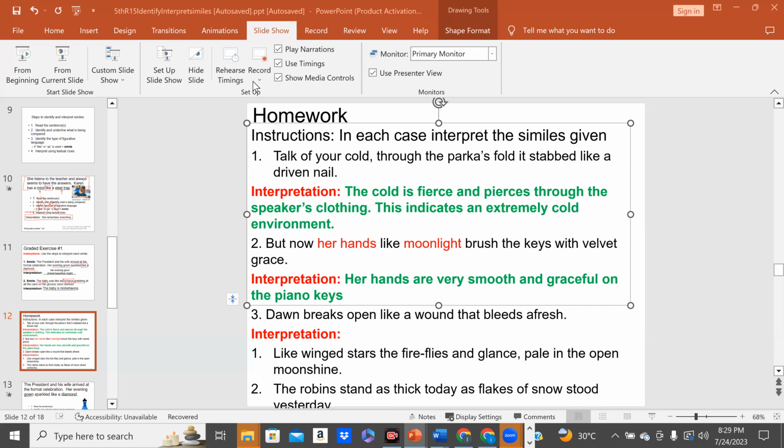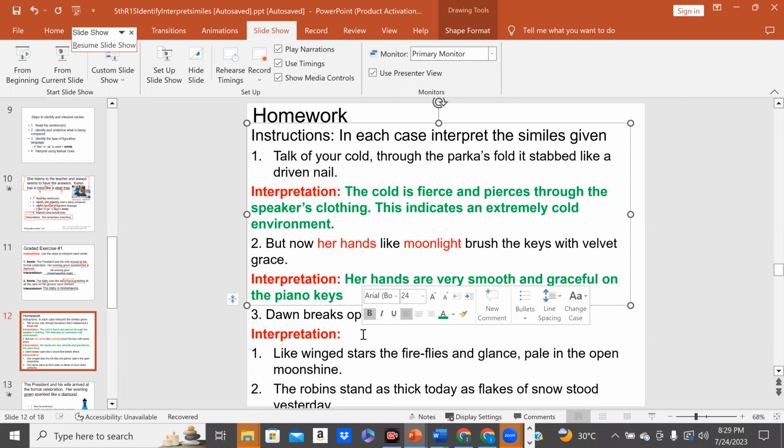The light burst through the sky. I can say the cracking of dawn, the cracking of the day, like when the sun is just appearing in the sky.